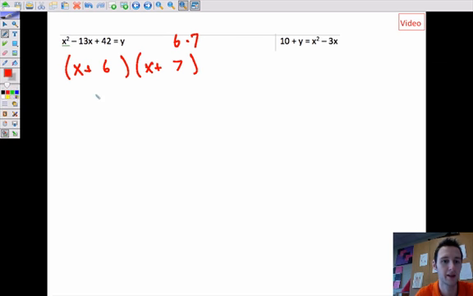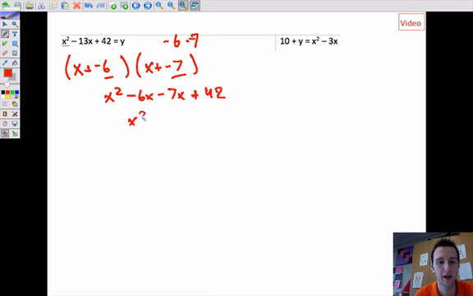Look at what else I can put in these two terms. Well, negative 6 times negative 7 is also equal to 42. So I'm going to try that. If I expand it, I'll get x squared minus 6x minus 7x plus 42. That gives me x squared minus 13x plus 42. And that's exactly what I was looking for.